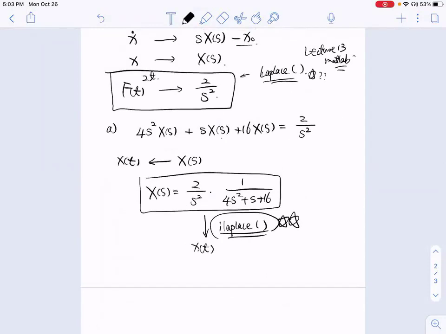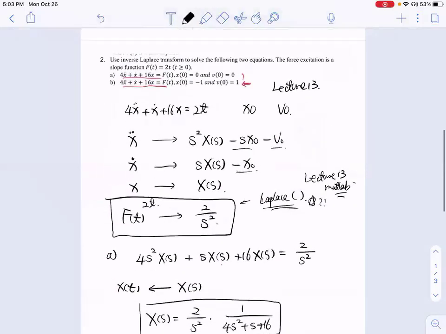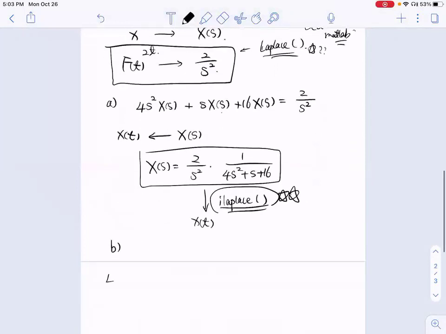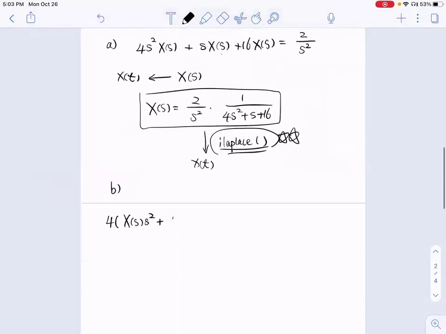For part B, because the initial conditions are no longer 0, you just keep your initial conditions there. You have -1 and 1. So you just plug everything back in. Your X(s) times s squared, and because your x naught is -1, it becomes positive s minus 1.